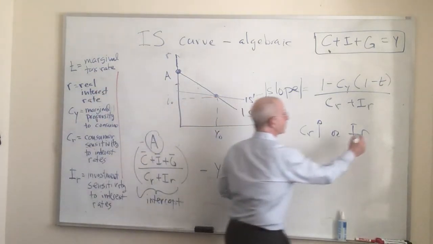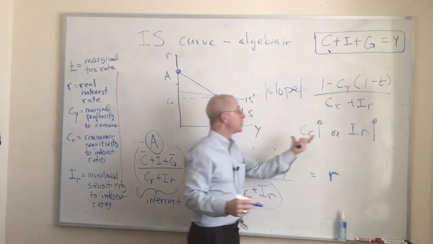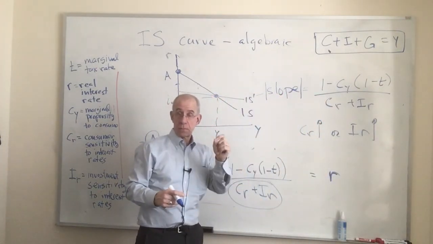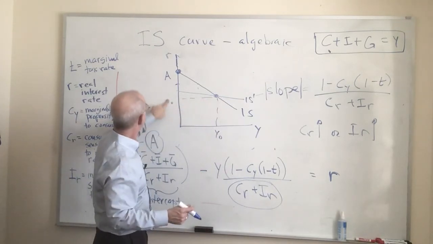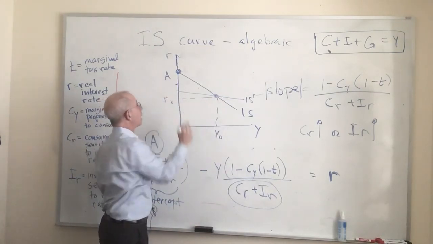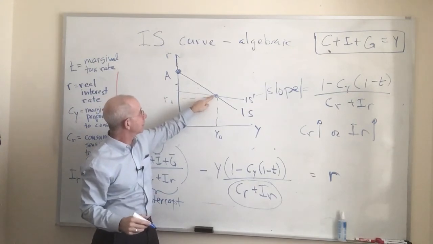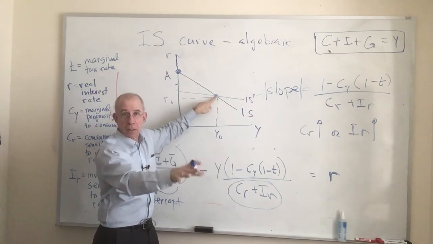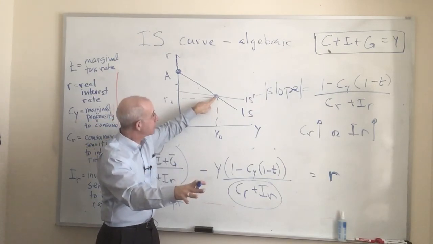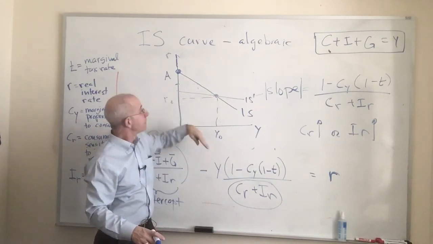If either of these two things is bigger, a small change in the interest rates will have a big change in the equilibrium level of income, the flatter this line is.